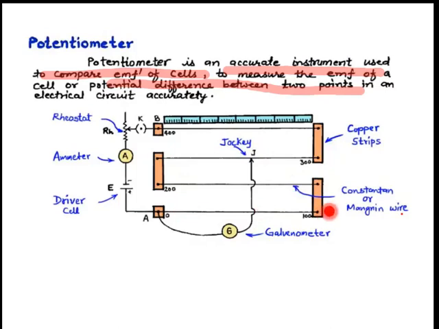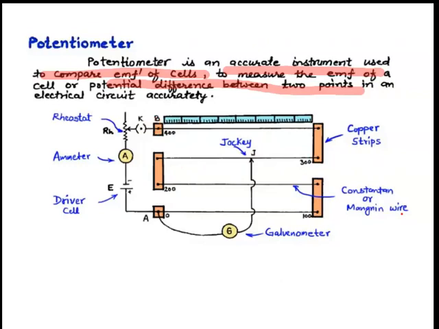This is a total of 100 centimeter, again 100 centimeter, from 0 to 100, 101 to 200, 201 to 300, 301 to 400. So this is the wire which has a uniform cross-sectional area.